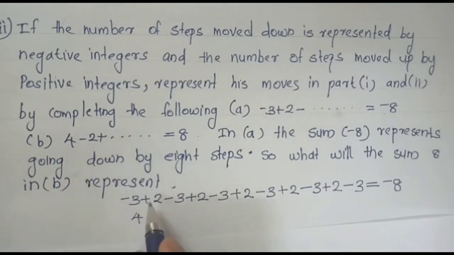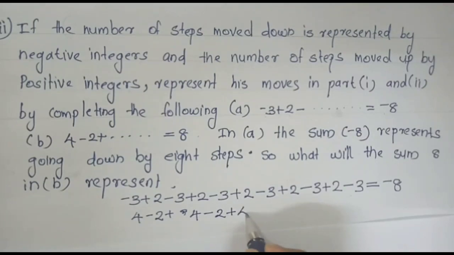So 4 minus 2 in the third jump plus 4, again minus 2, 5th jump plus 4, and he has reached 8, which represents the first step. So we have solved this in part 1 and part 2. Now we are just representing the calculation like this.